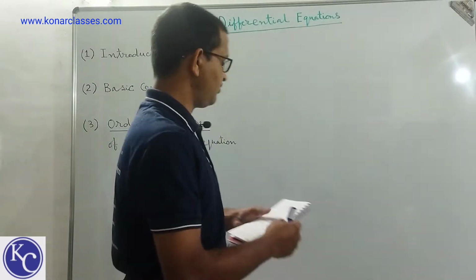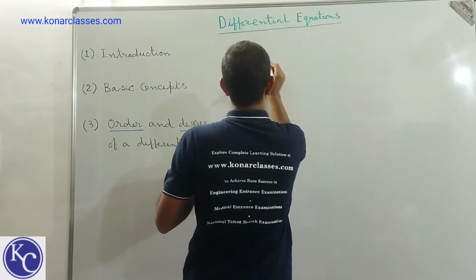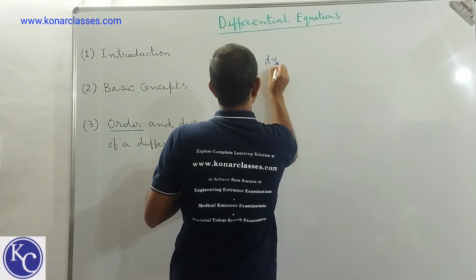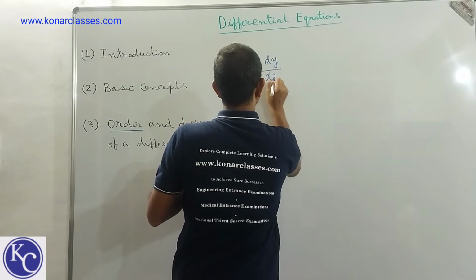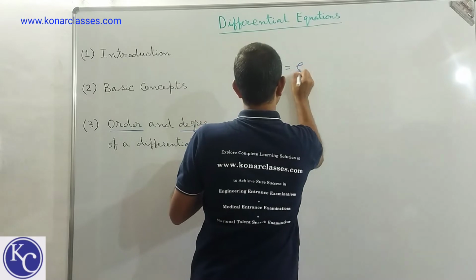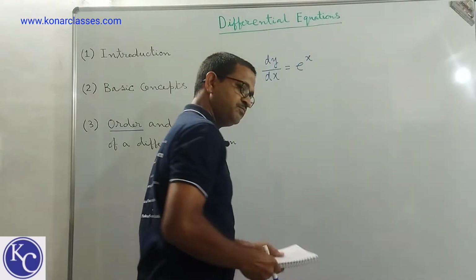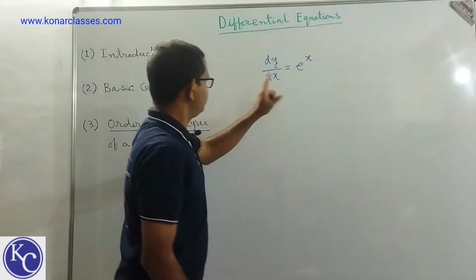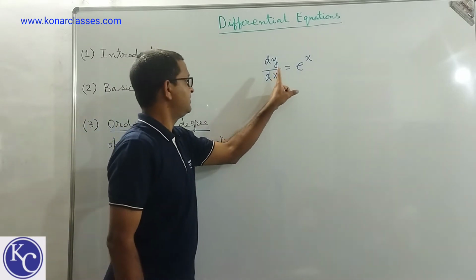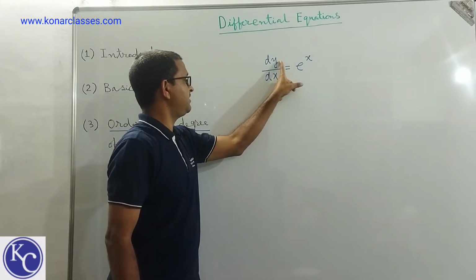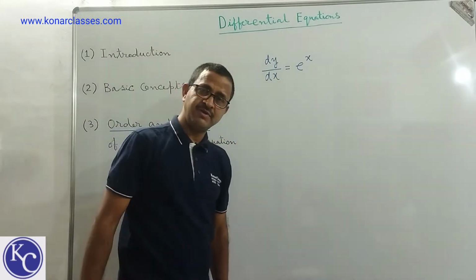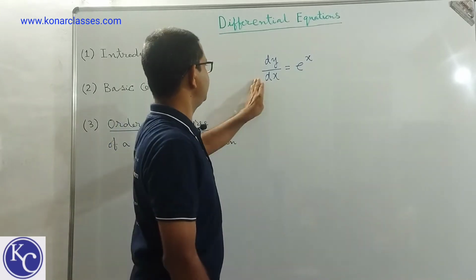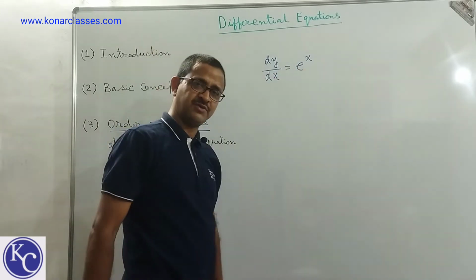The first one, dear students, is that suppose we have a differential equation dy dx is equal to e power x. We see that there is a differentiation of the dependent variable with respect to the independent variable x, so this is a differential equation.